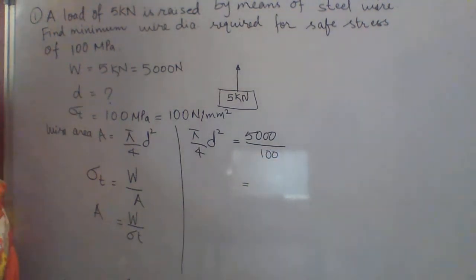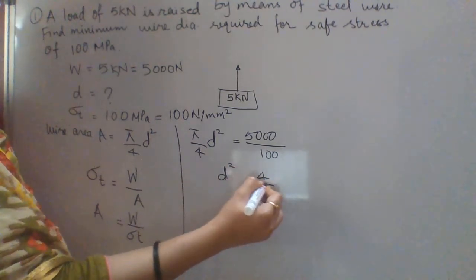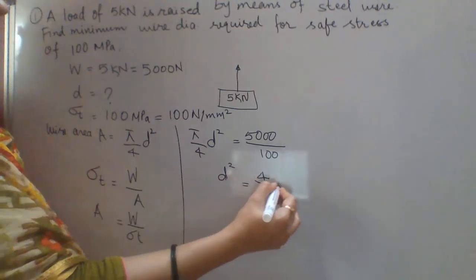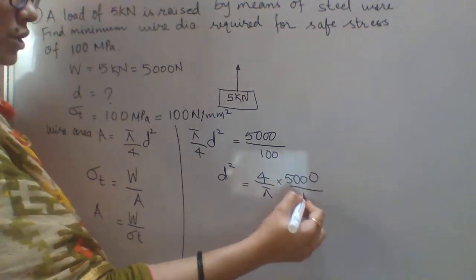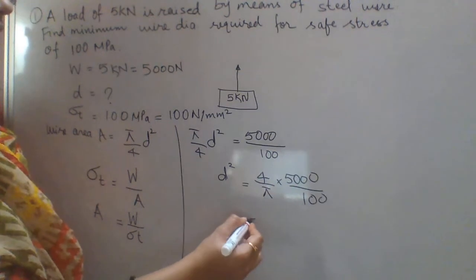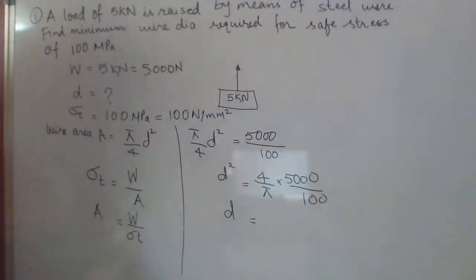Now we'll keep all the unknowns on one side. So d square will be 4 upon pi into 5000 divided by 100. Now we'll calculate. We will use the calculator.